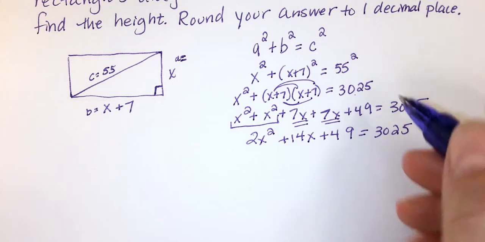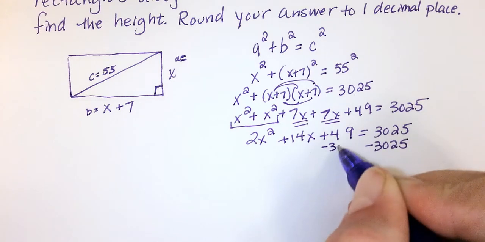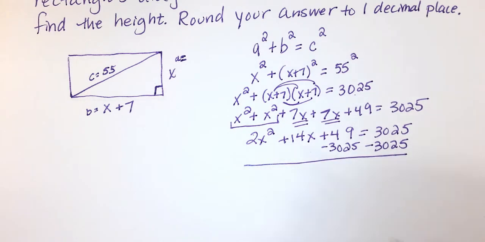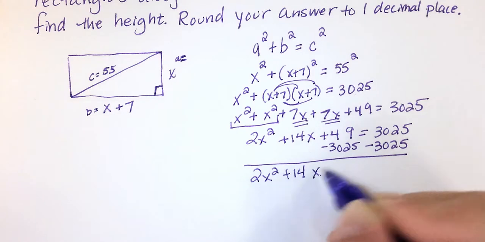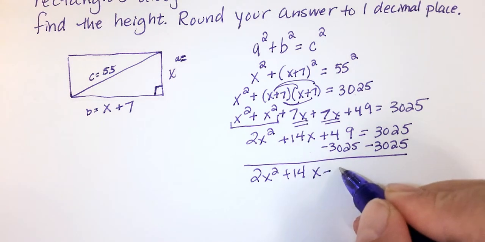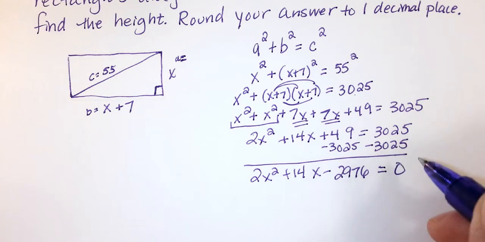So let's move the 3025 over by subtracting. And bring down 2x squared plus 14x. And this is going to give me 49 minus 3025 is minus 2976, and that's going to equal 0.